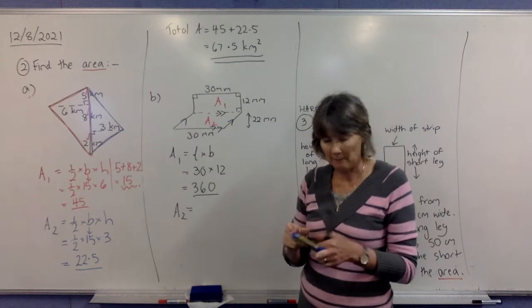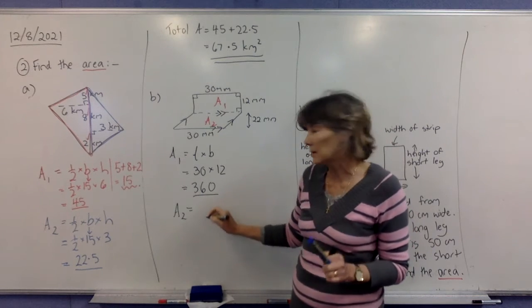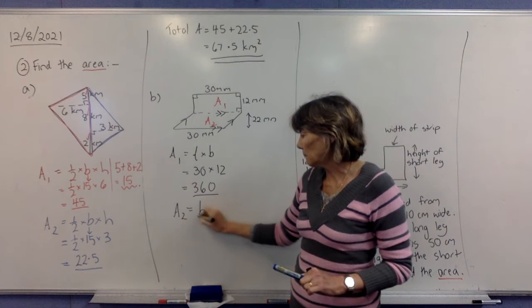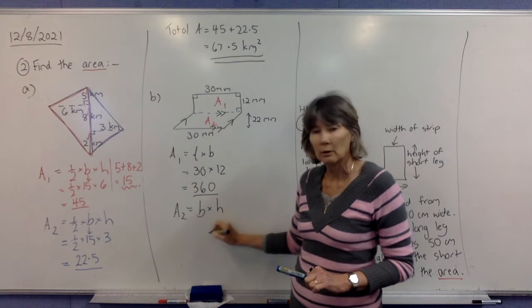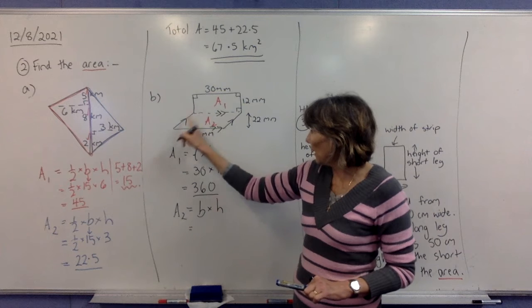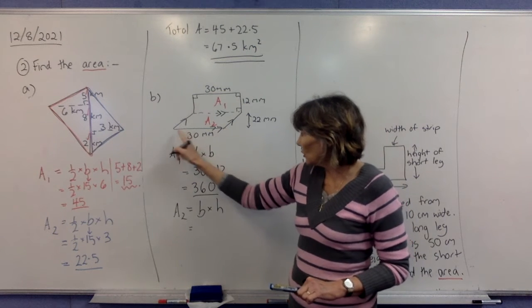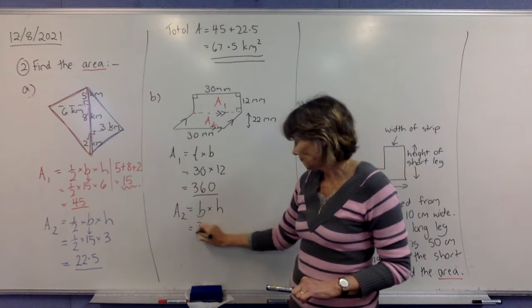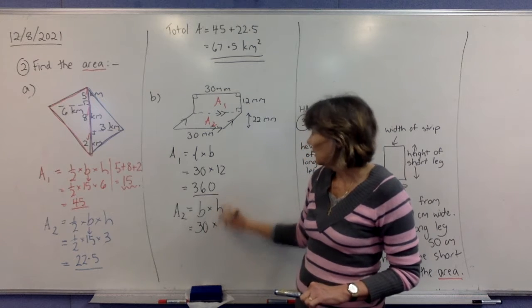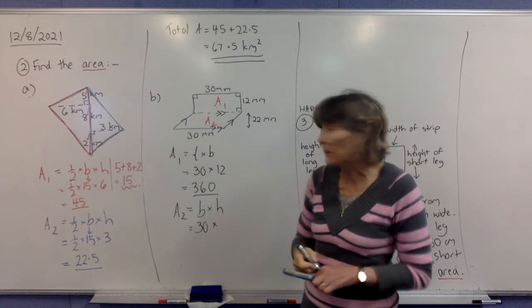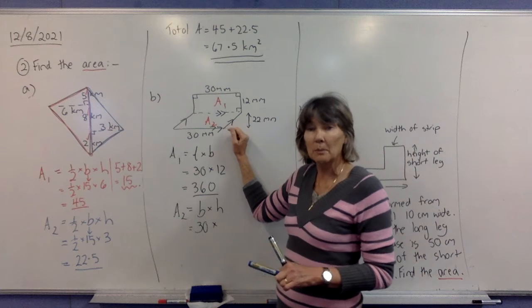And the parallelogram formula, a lot of formulas in this topic, is area equals B times H. So the base of this parallelogram is 30 times, now the perpendicular height, remember it's not this thing, it's the perpendicular height.